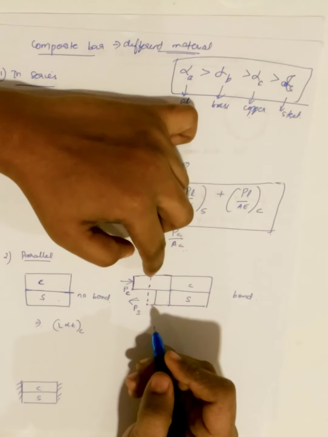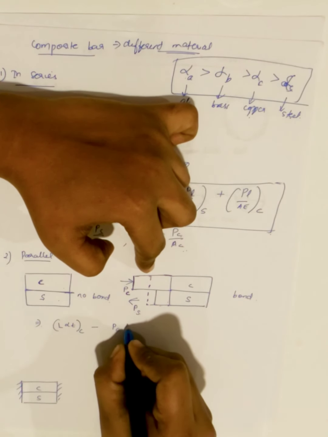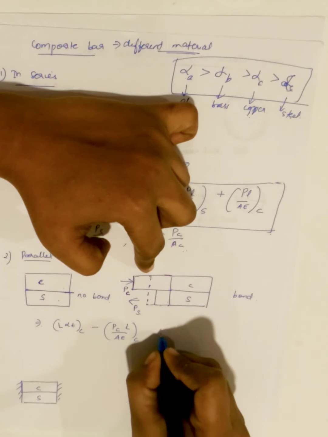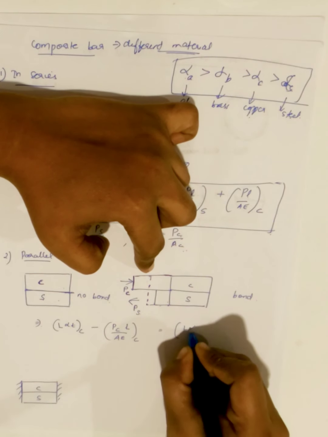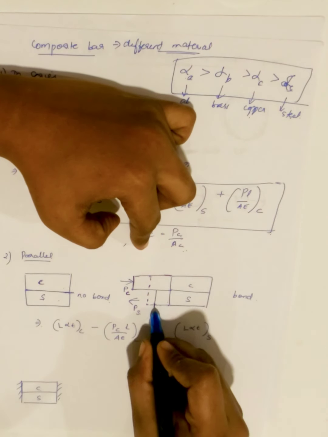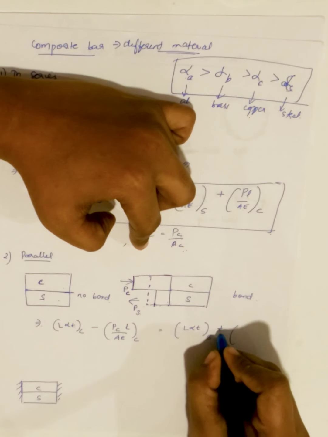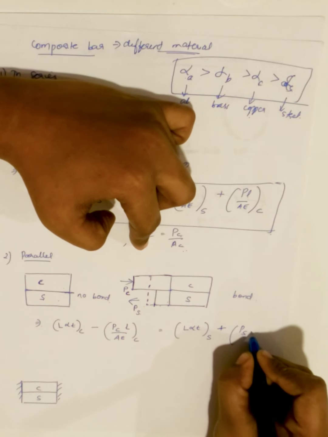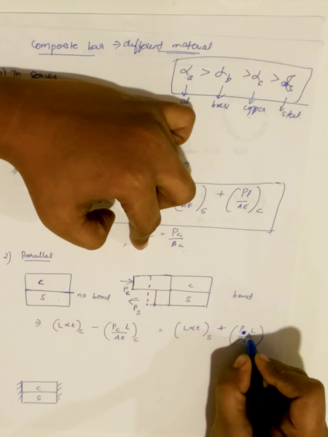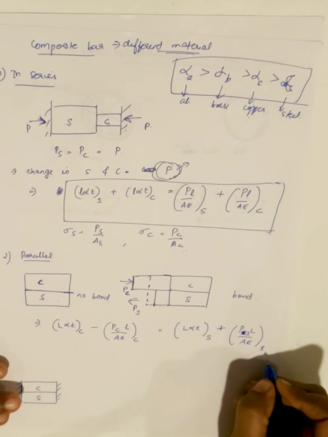Okay, so it should be decreased now, minus PL by AE of copper is equal to L alpha T of steel, that is up to this much. Then it should be increased, plus PL by AE of steel. Okay, this will be our case.